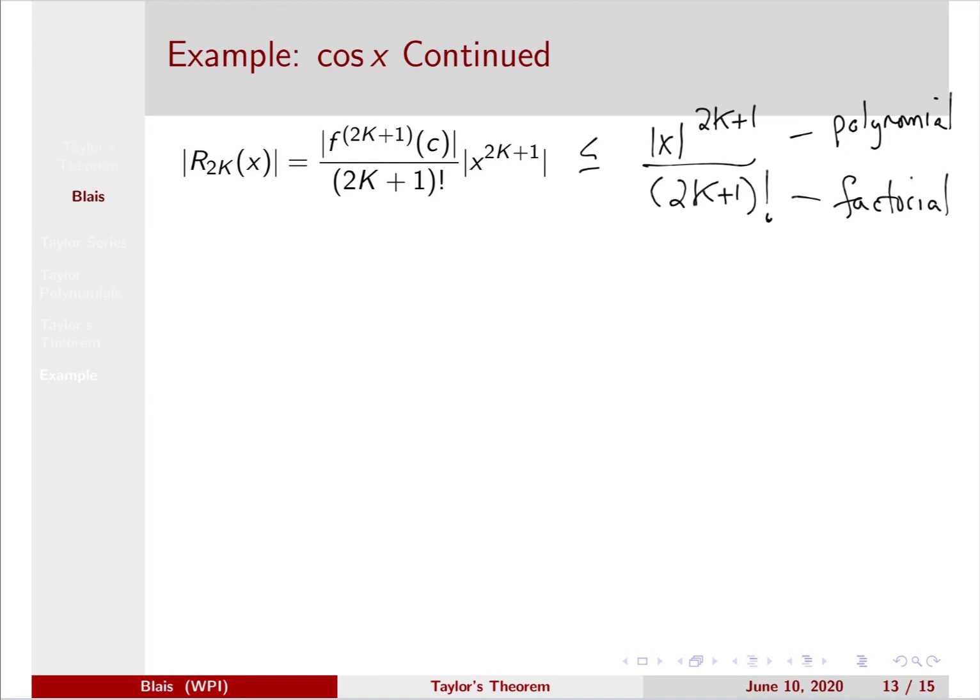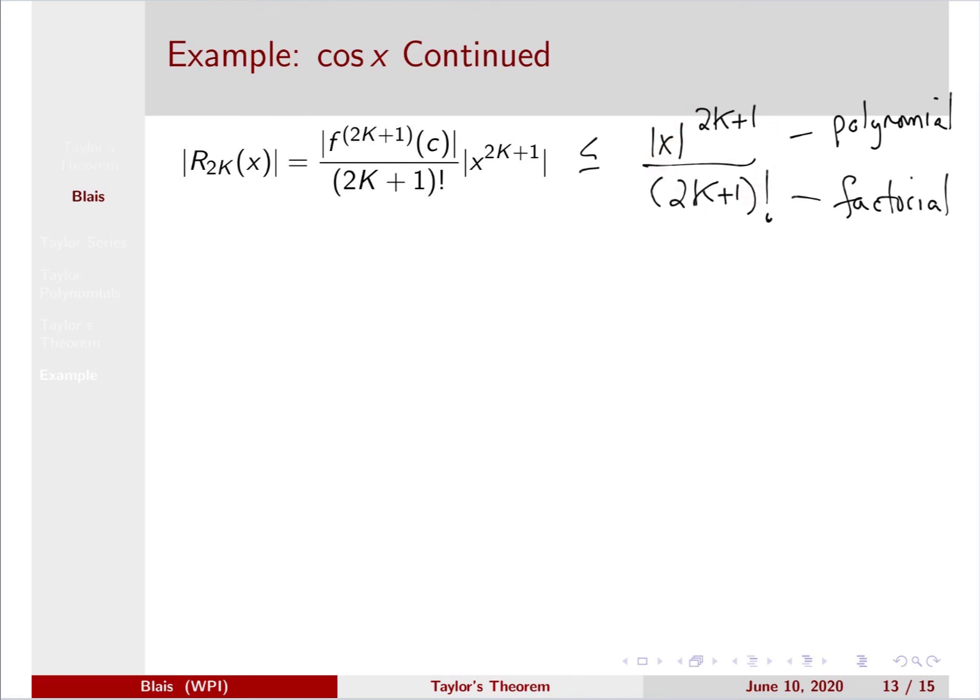And we learned when we studied the ratio and the root tests that as k goes to infinity, this polynomial term, it doesn't matter what it goes to, whether it goes to 0 or infinity or something in between, this factorial term goes to infinity so quickly compared to the polynomial that as k goes to infinity, this term will go to 0.